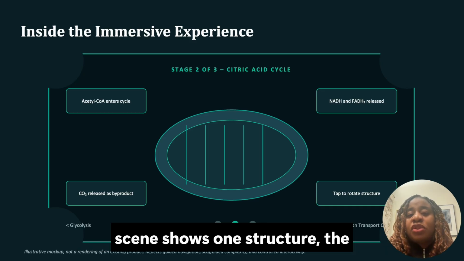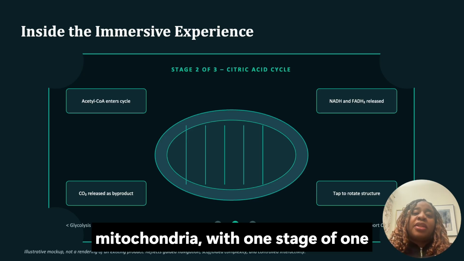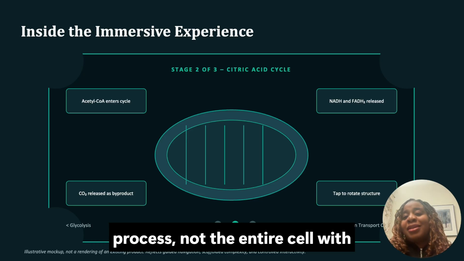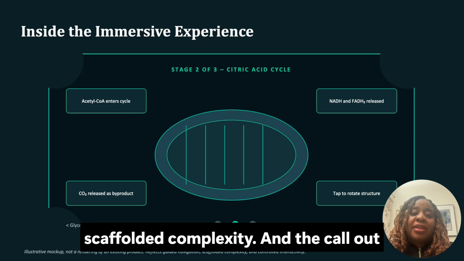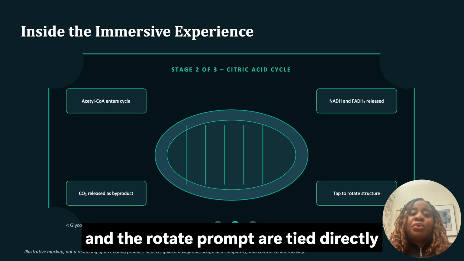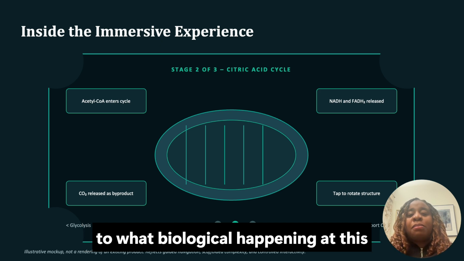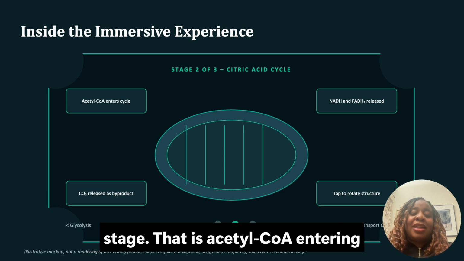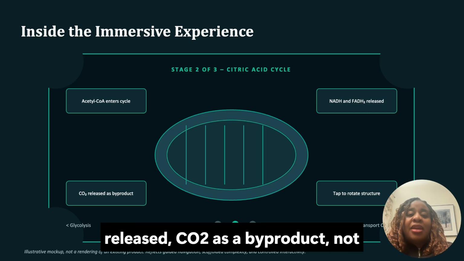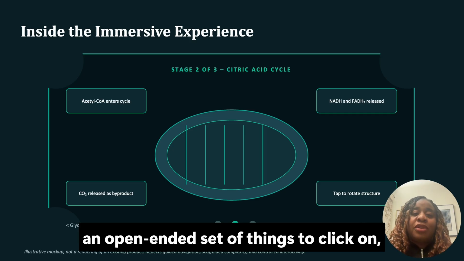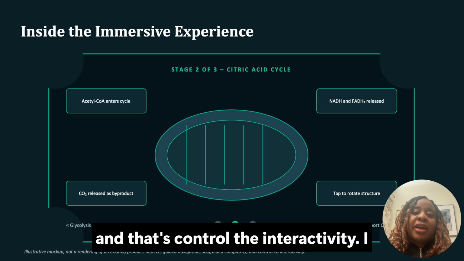The scene shows one structure, the mitochondria, with one stage of one process, not the entire cell with everything happening at once. That's scaffolded complexity. And the callouts and the rotate prompt are tied directly to what's biologically happening at this stage. That is acetyl-CoA entering, NADH and FADH2 being released, CO2 as a byproduct, not an open-ended set of things to click on. And that's controlled interactivity.